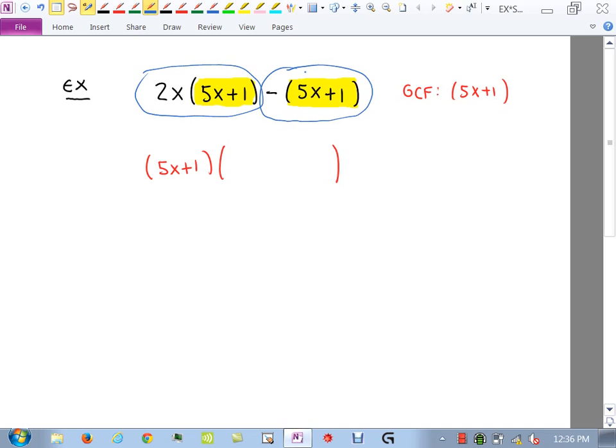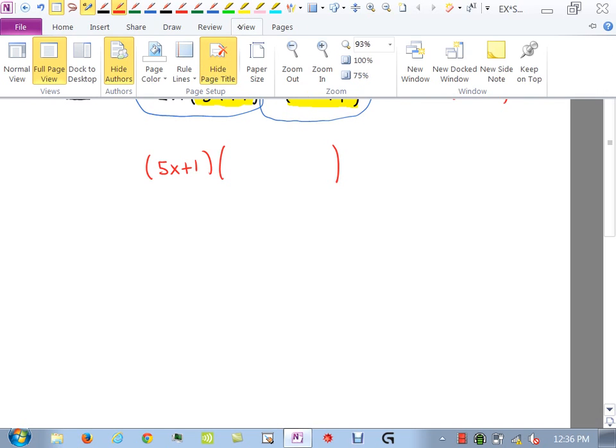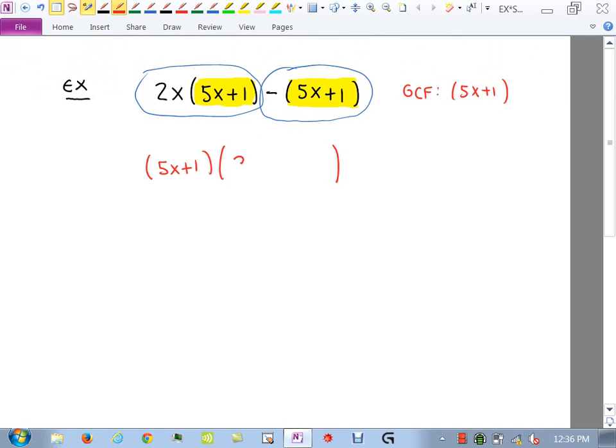The 2x, so I had to multiply by 2x. And then be careful on this one. What's missing on the second? A minus 1, good, because there's really a negative 1 right there. So I put minus 1 here. And then we'd be done, right? We box that up, and that's our answer. So that's what we did at the end of class last time, right?